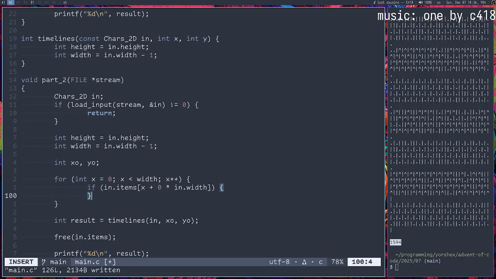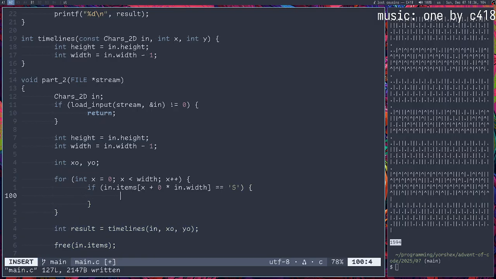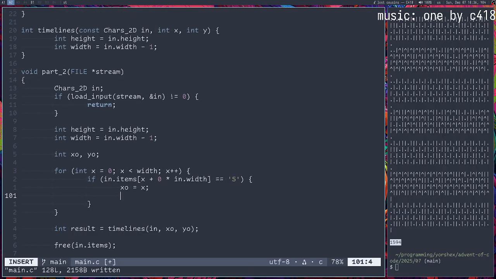O is equal to s, we want to set xo to x and oy to 1, which could be from the very start, to be honest, so let's just break here.